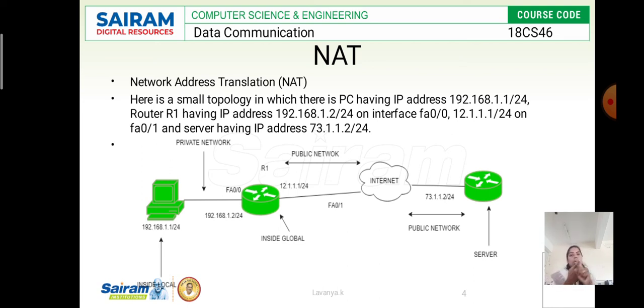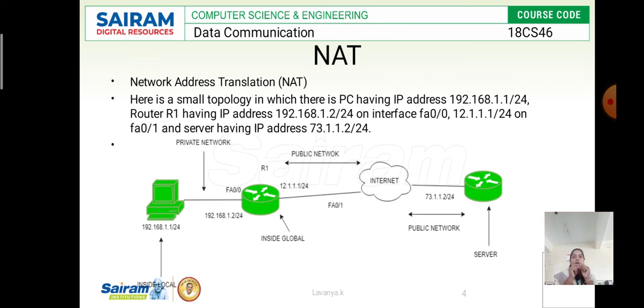Generally, a router is configured for network address translation, and it has one interface in the local network, which is inside that particular network.